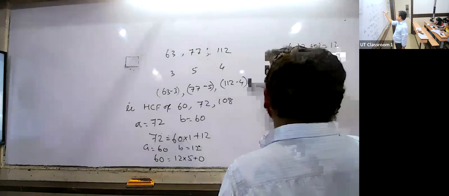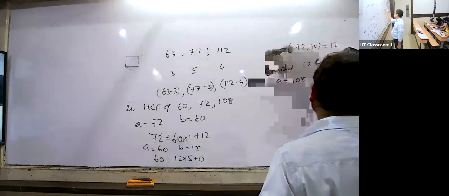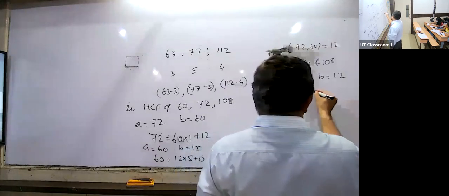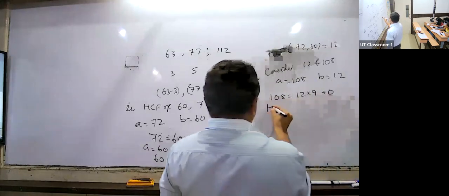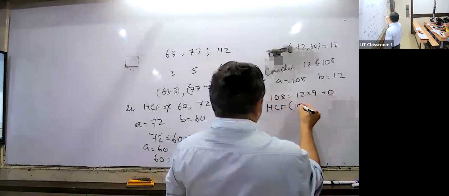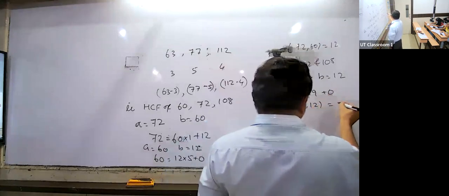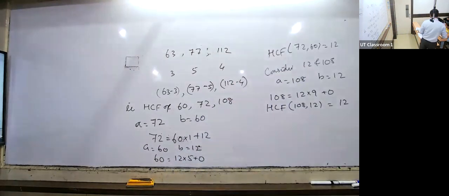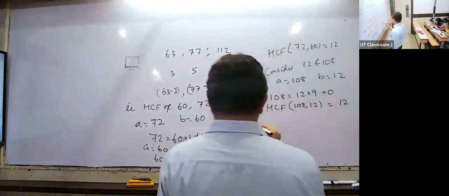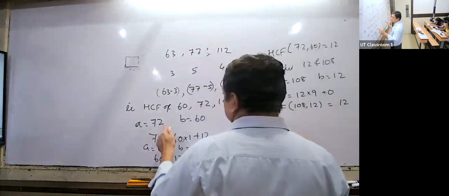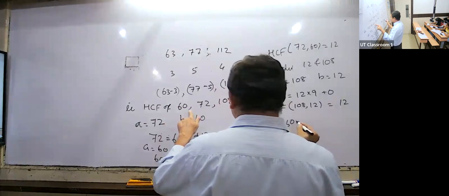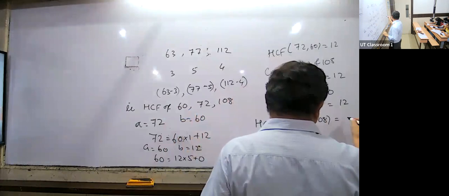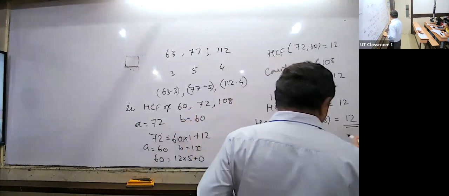A is equal to 108 and B is equal to 12. So 108 is equal to 12 into 9 plus 0. Therefore, the HCF of 108 and 12 is equal to 12. All of you got it now? Therefore, the HCF of these three numbers 60, 72, 108 is equal to 12. Yes or no?